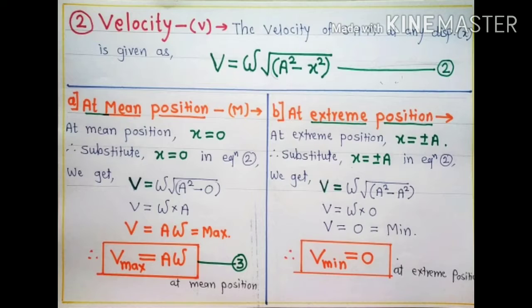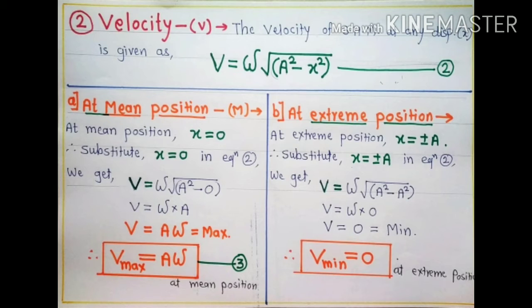Then second, velocity. Velocity of SHM at any displacement x is given as v is equal to omega root of capital A square minus x square, equation number 2.